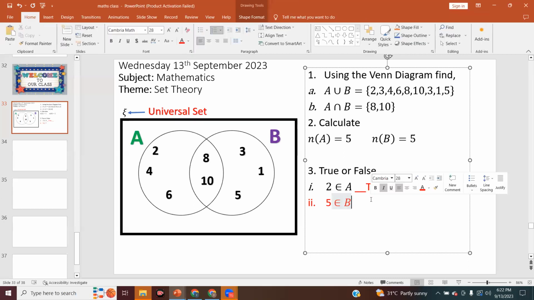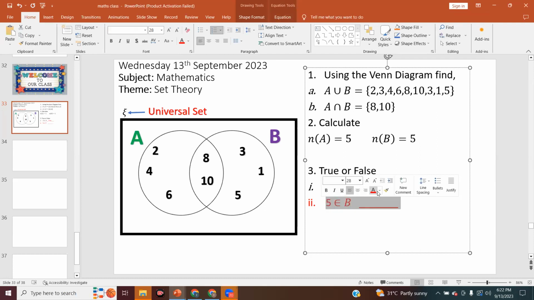Put your answer inside the chat, please. 5 is an element of B. Is that true or is that false? This is for number 3 II. 5 is an element of B. Okay, most persons are still saying true as well.